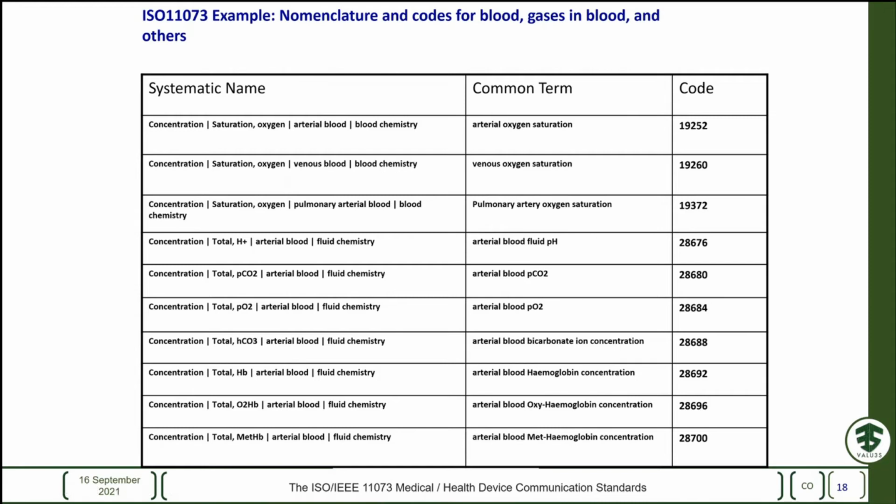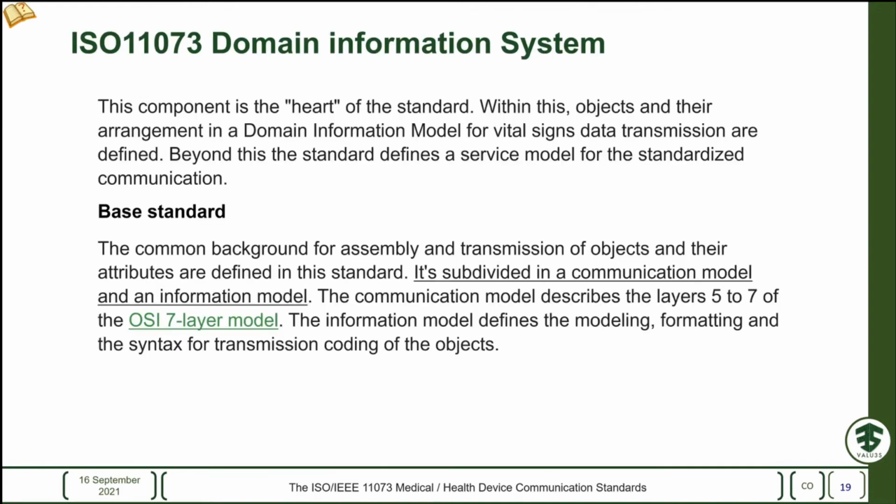You can imagine the huge amount of work, and also there are means for extending this coding when we are referring to new parameters. But in the end, we have to have in place a kind of organism that keeps track of the coding, so that we all agree on the specific numbers.